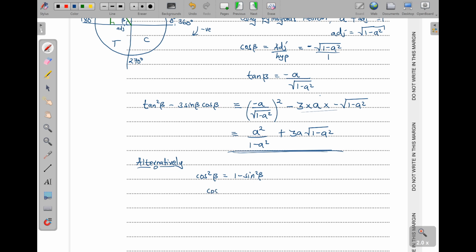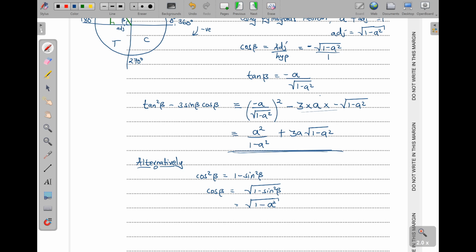So meaning cos of beta will be equal to the square root of 1 minus sine squared beta. So you could have 1 minus sine of beta, which was given as A. So you can see that we have the square root of 1 minus this A squared. Okay, the same thing that we got here, but remember in the second quadrant, cosine is negative, so you would put that negative there.